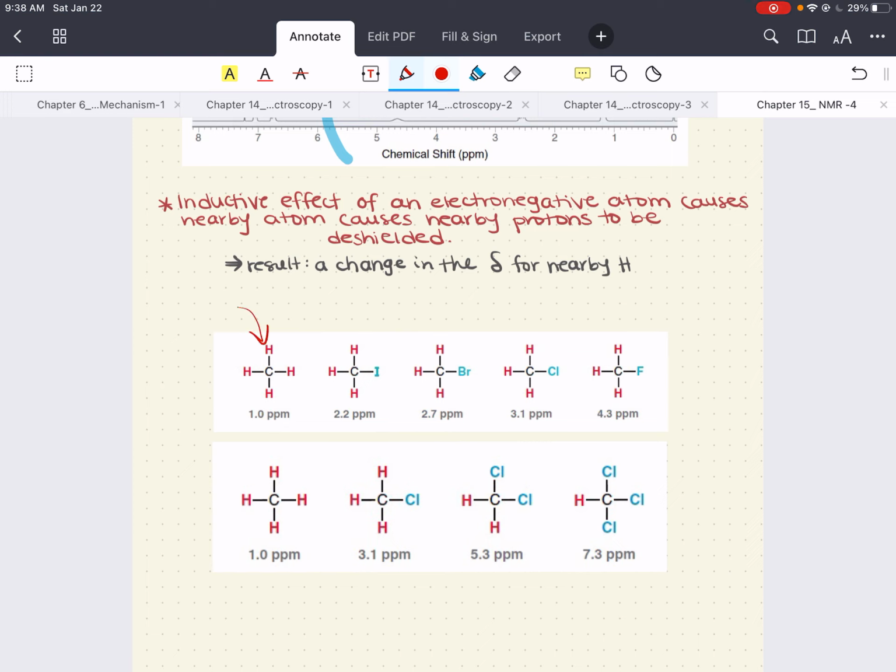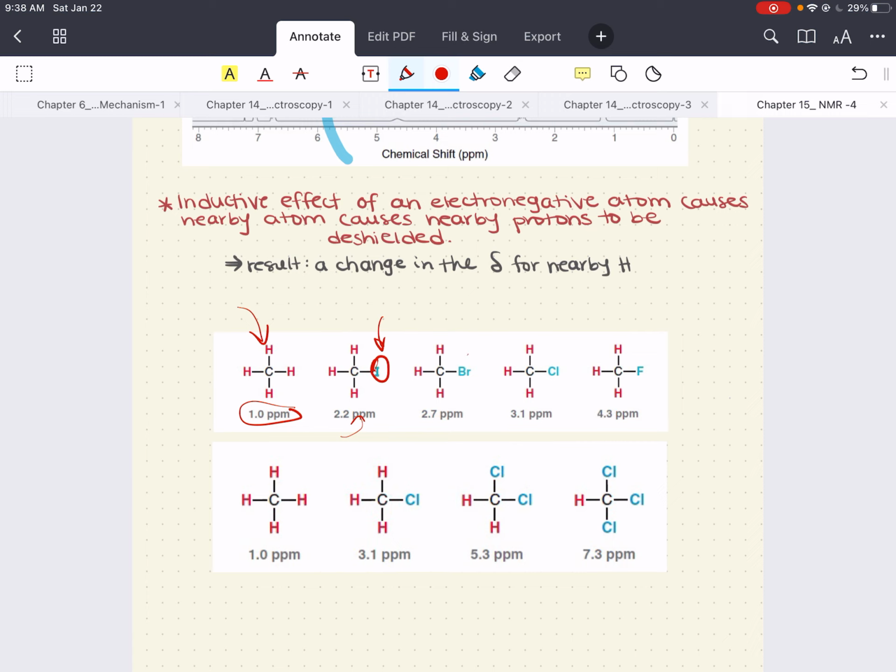So let's look here at our first example, starting off with good old methane. No halogens in this one. You're going to observe methane around 1 ppm. Cool. Now, if you add an iodine, this halogen alone is going to cause a downfield shift. So now instead, you're going to see the signal at 2.2 ppm.